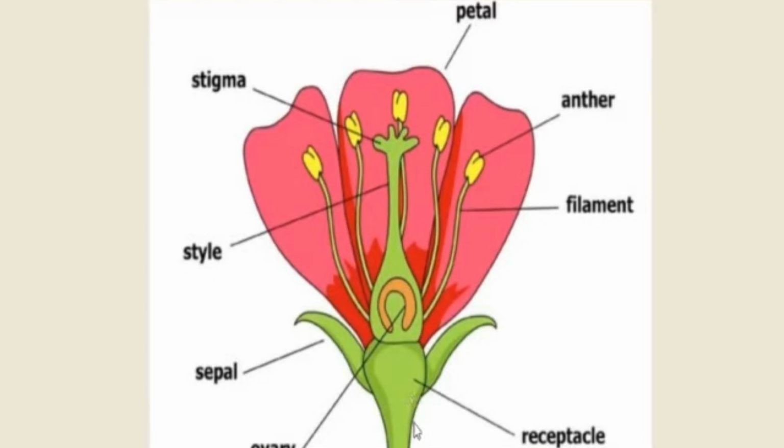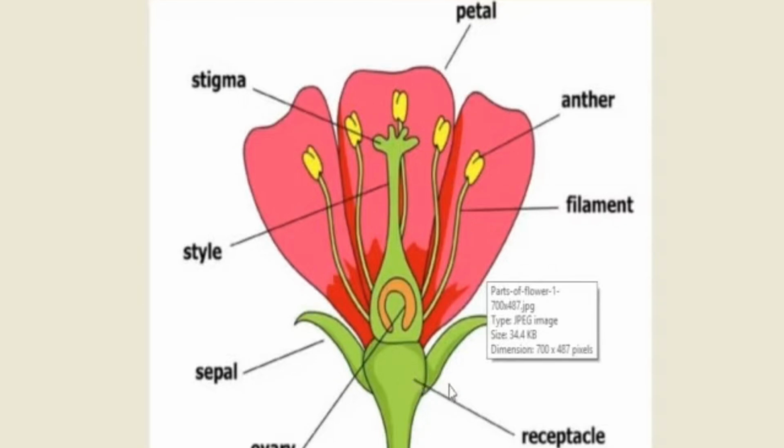On the pedicel we have a swollen flat tip, and this swollen tip is known as the thalamus, or we can say receptacle.